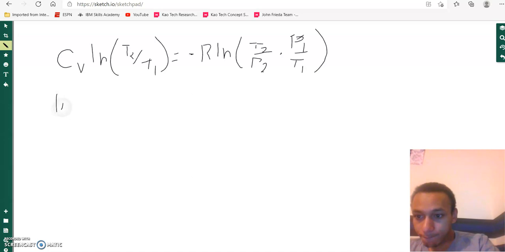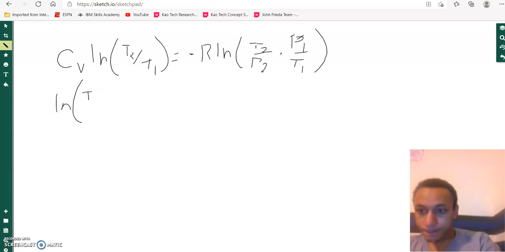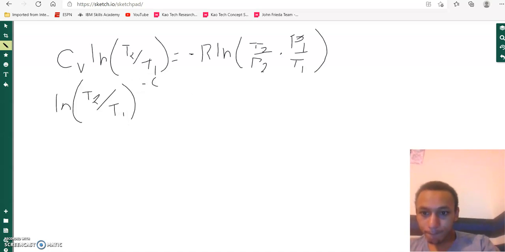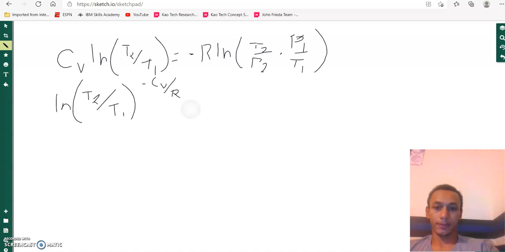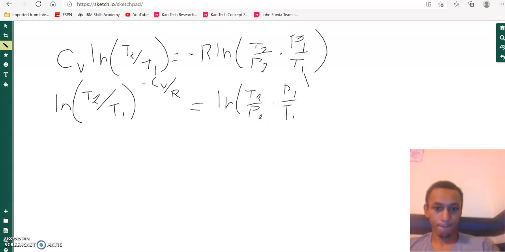So it's raised to the negative CV over R power. And the rest of this is the same. You can raise them to both powers.